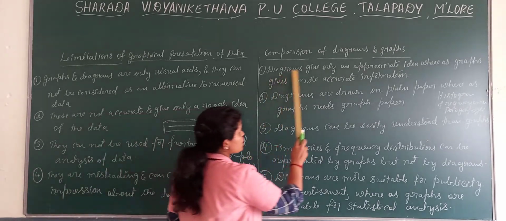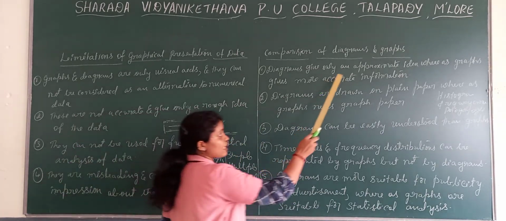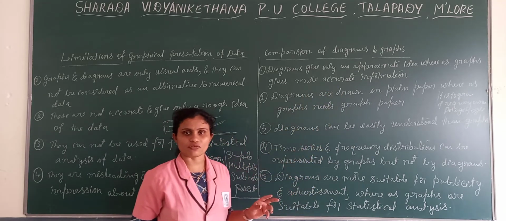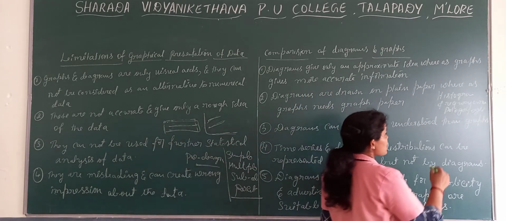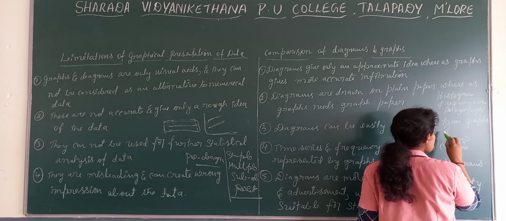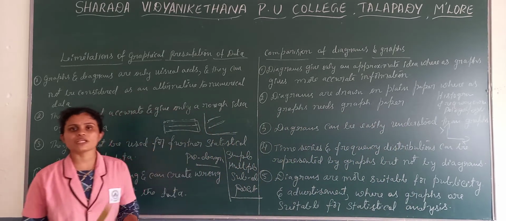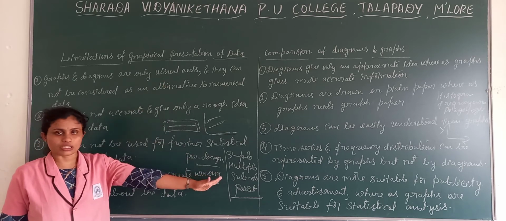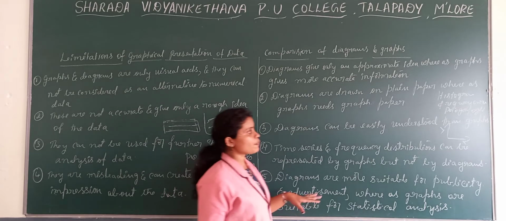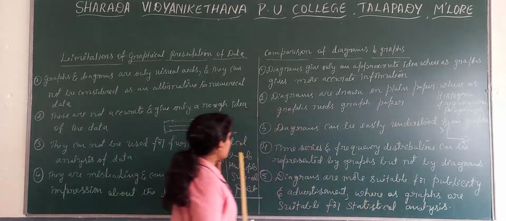Diagrams give only an approximate idea, whereas graphs give more accurate information, because in a graph we consider an even scale on the x-axis as well as the y-axis. One-dimensional diagrams consider only length, not width. In the pie diagram we use a circle and represent the different given components.